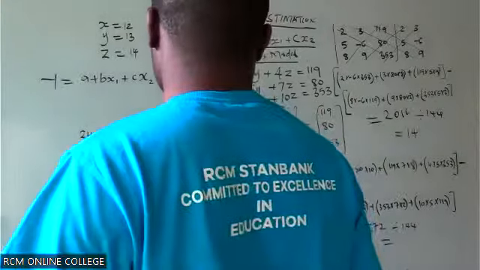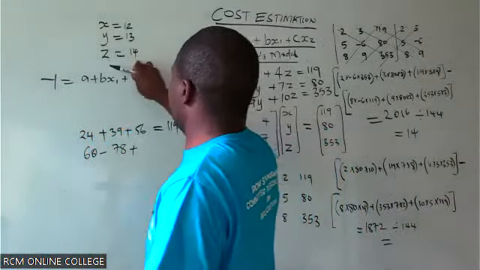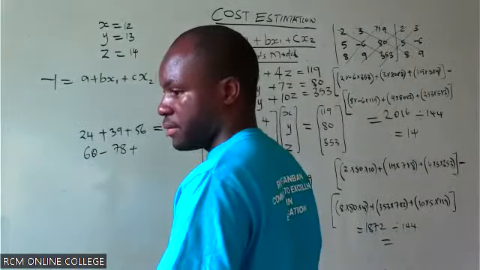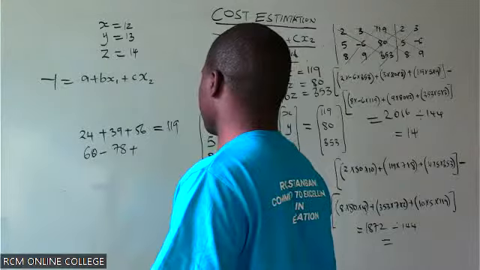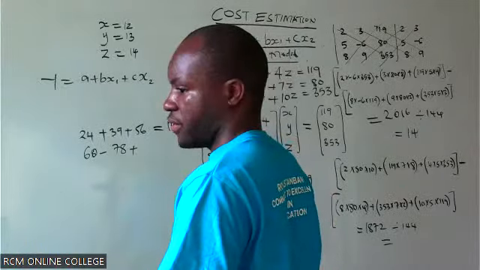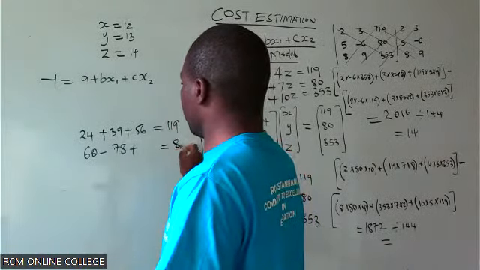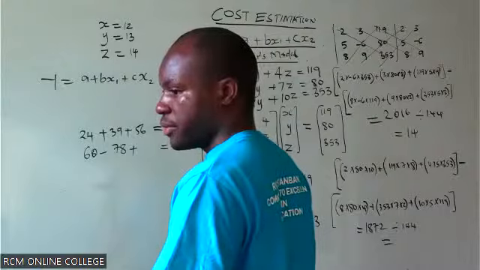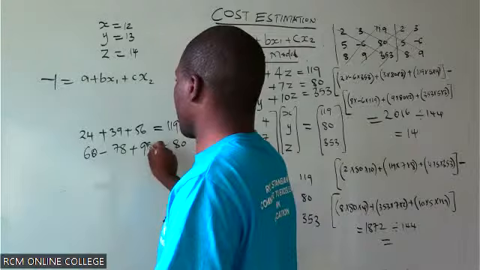Then we have 7z. So 14 by 7 should give us, what are you getting? 98.